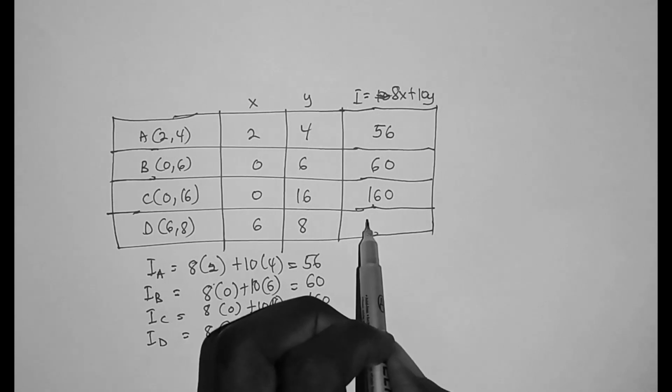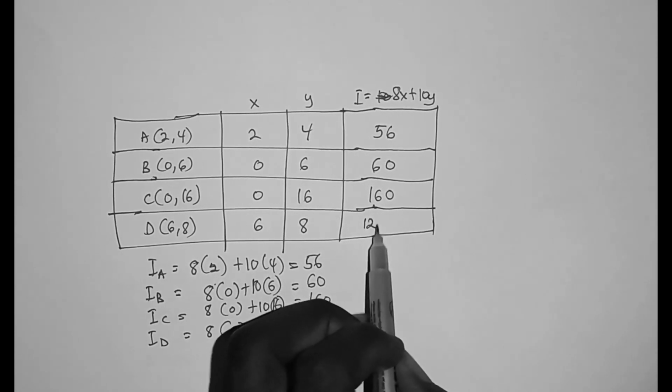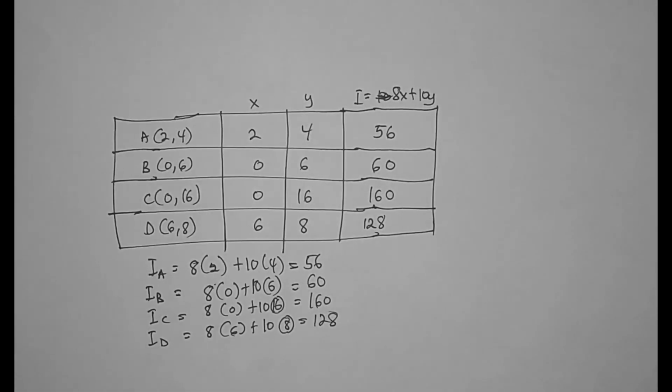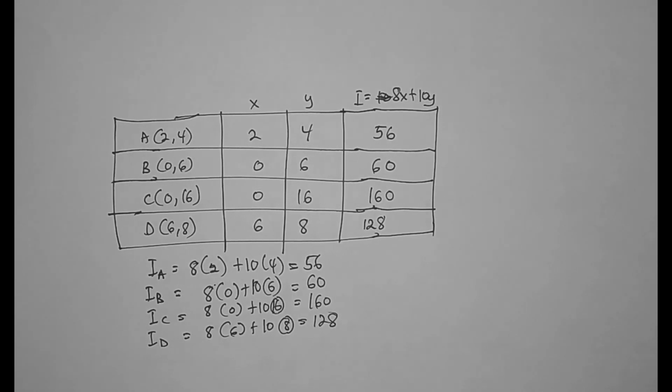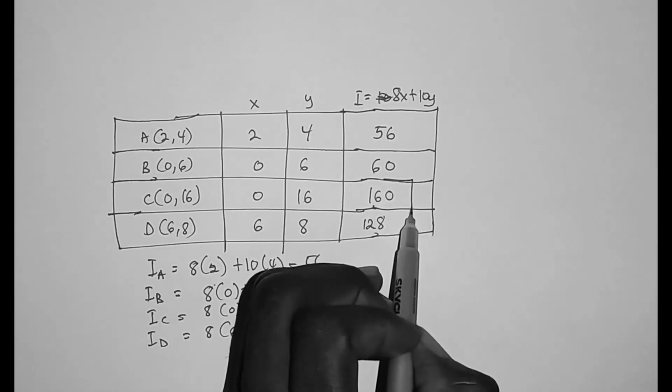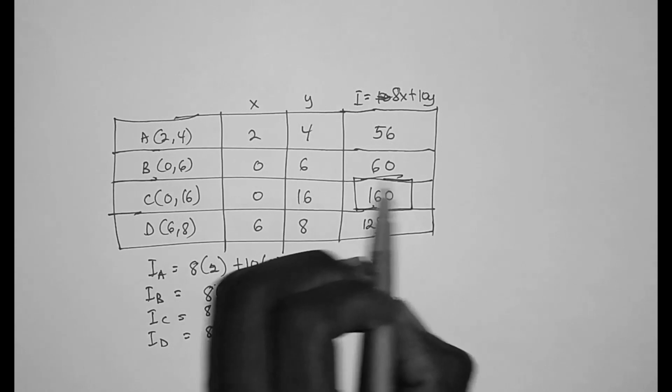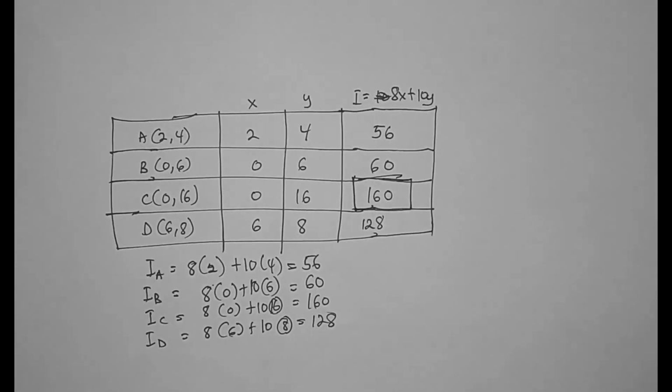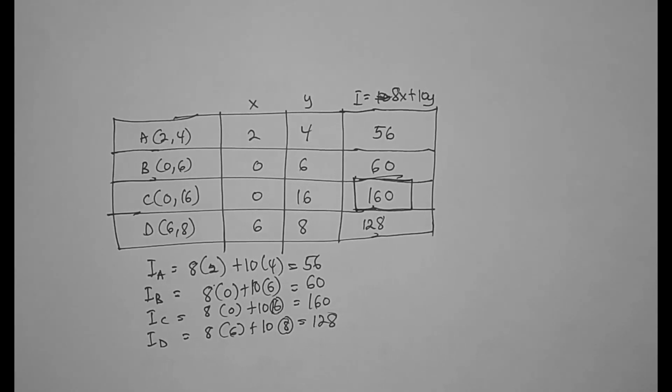So this part is 128. Now the question says that we should use our graph to find the maximum value of 8x plus 10y. So you see that this is the maximum value. The maximum value is 160. And also state the values of x and y for which it occurs.